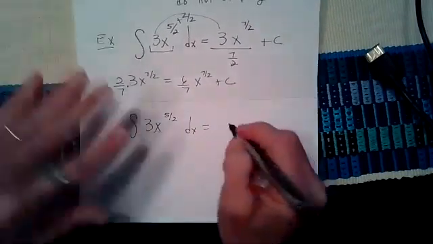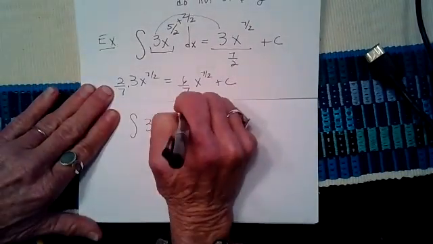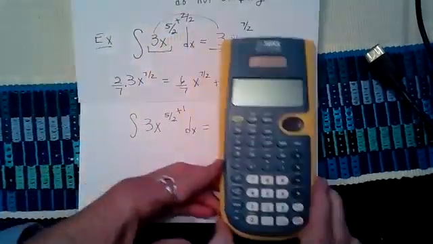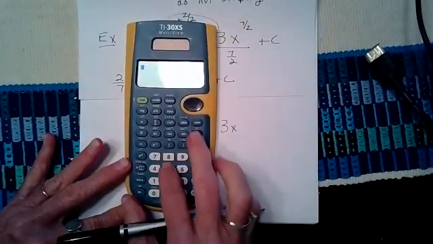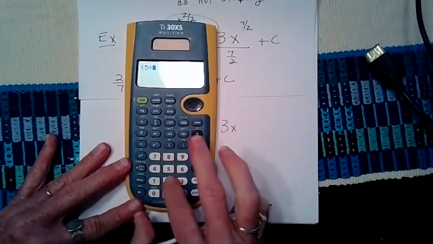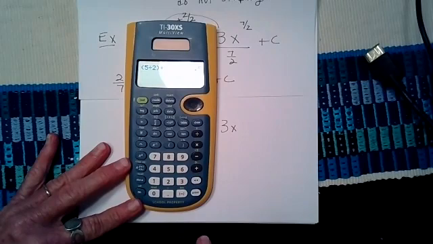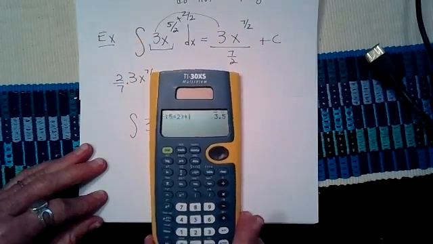I'm going to bring over the 3x, and when I add 1 to the exponent, we could do that on our calculator. So 5/2 plus 1. I'll probably put parentheses: 5 divided by 2, parenthesis, plus 1. And you get 3.5. A lot of times they won't accept a decimal.